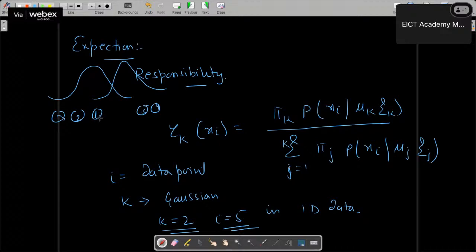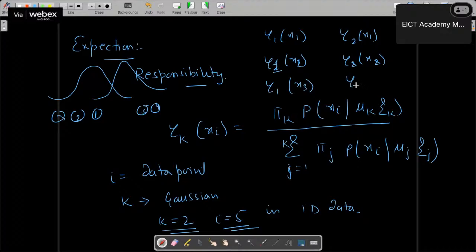For each data point we need to calculate two responsibilities, so for a total of 5 data points there will be a total of 10 responsibility values: gamma 1 x1, gamma 2 x1, gamma 1 x2, gamma 2 x2, gamma 1 x3, gamma 2 x3, gamma 1 x4, gamma 2 x4, gamma 1 x5, gamma 2 x5.